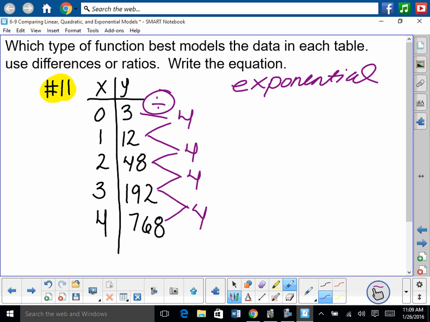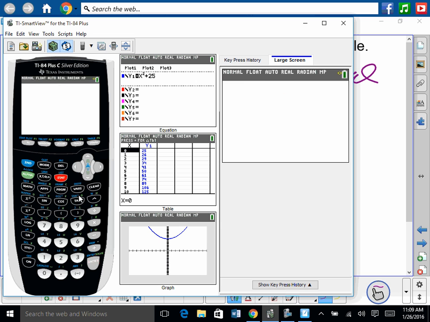So let's type it into our calculator again. So do it for me. Go. List 1, list 2. Type it in. 3 and 4.